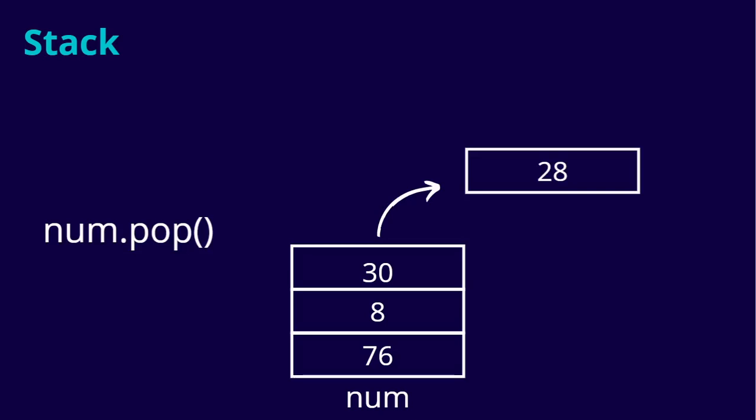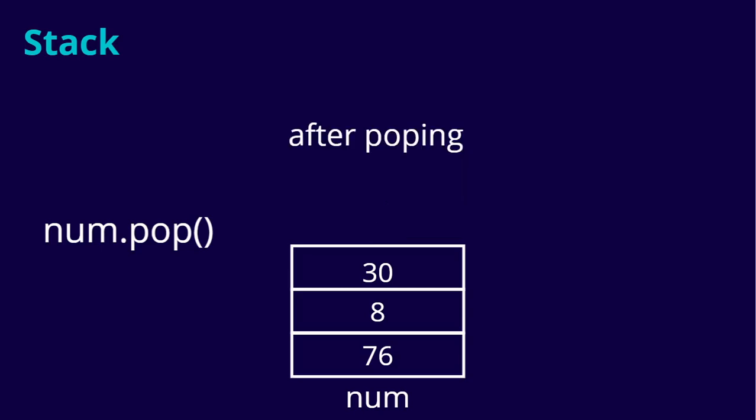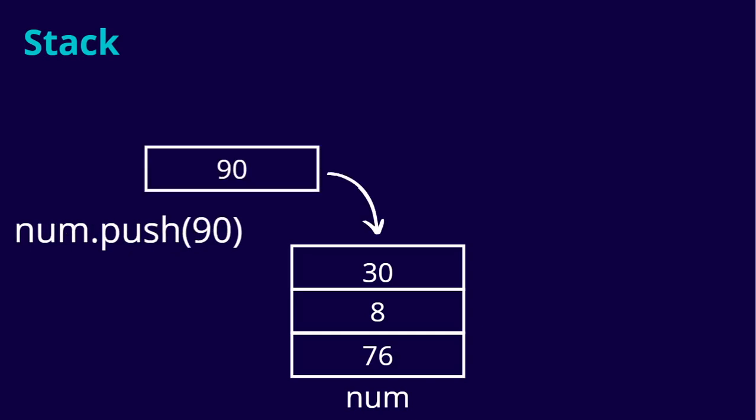So you can see in the picture, num dot pop will remove the 28 from the stack, and the rest, 38 and 76, will be the same after removing the 28. Then likewise, push requires input because we are pushing a new element to the stack, so it requires data.